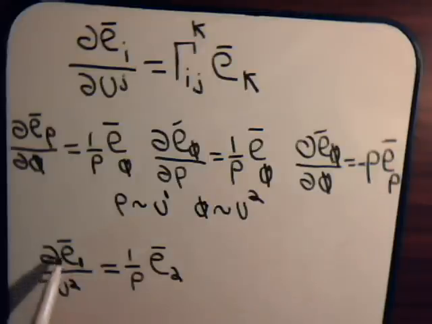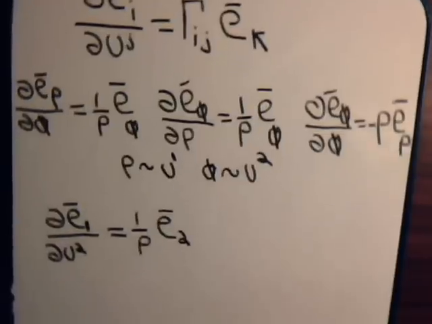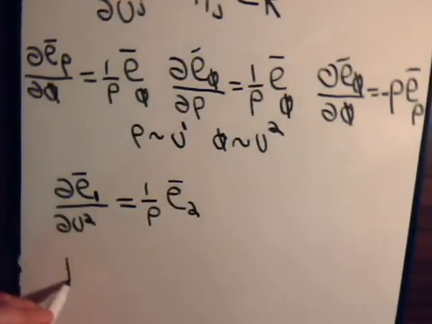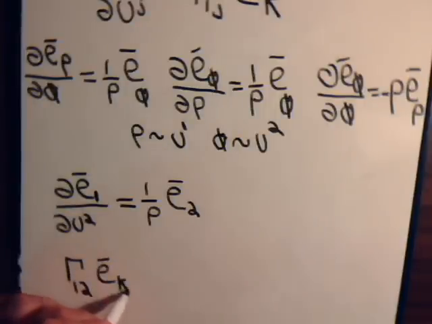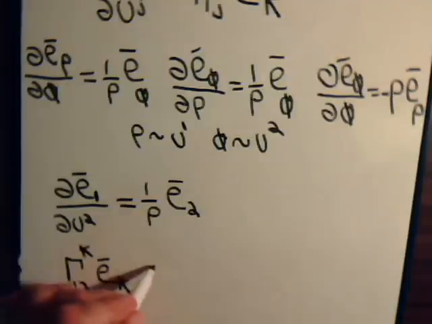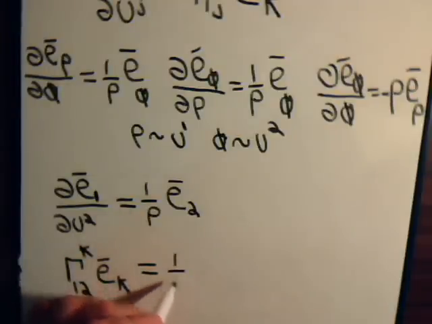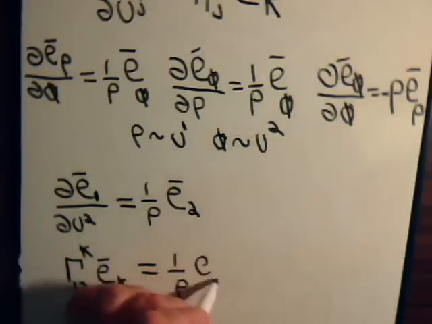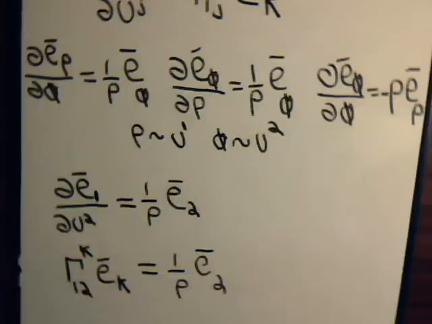But now here, we can write this using Christoffel symbols. We would have gamma 1, 2, then one of the basis vectors with the repeated index equals 1 over rho E2. Now on this side of the equation, here we have E2. We can write the same thing on this side then, just let k be equal to 2.